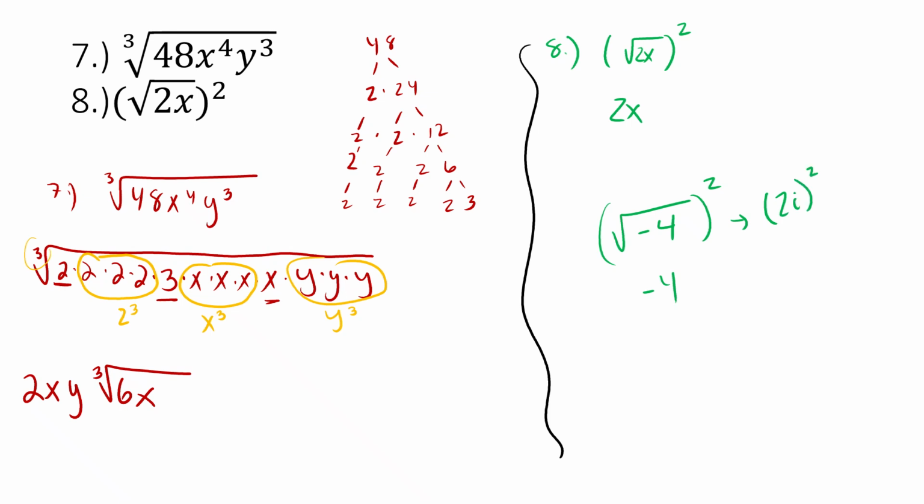Okay, and so it would be 2i squared, so that's assuming it is negative. So 2i squared would be 2i times 2i, which is 2 times 2 times i squared, which is 4 times i squared, and i squared is -1, and you get -4, and that actually would be the answer. So even if the x value is negative, in that case, you would get the negative out.